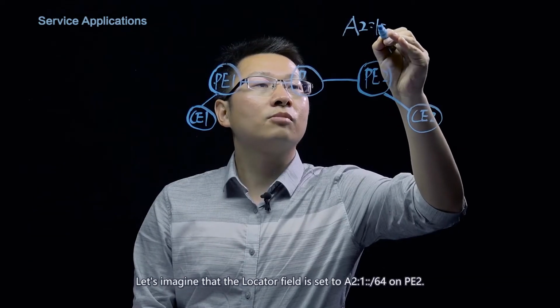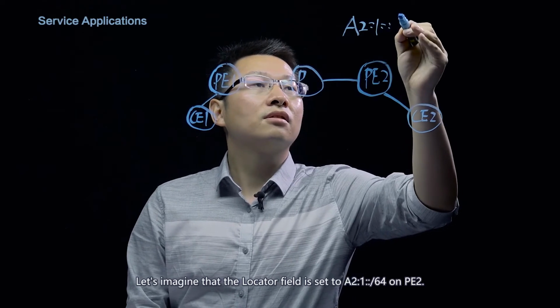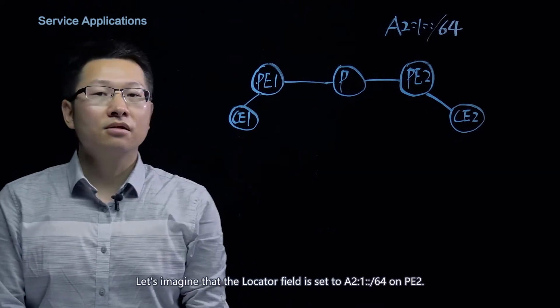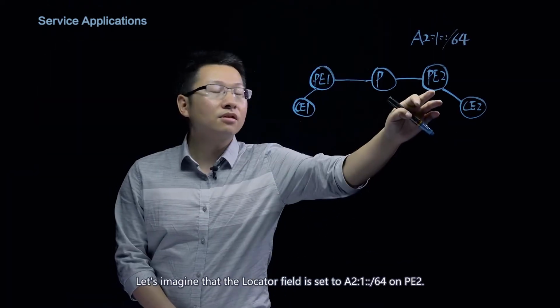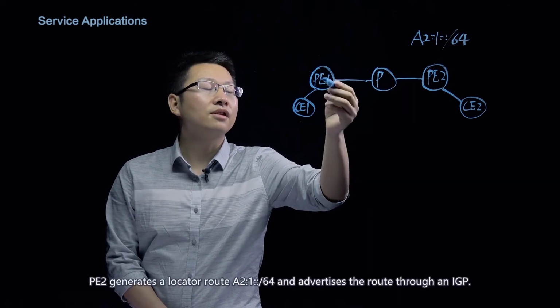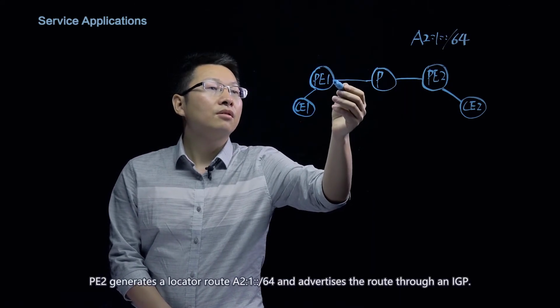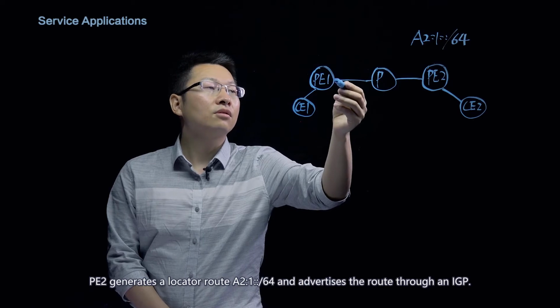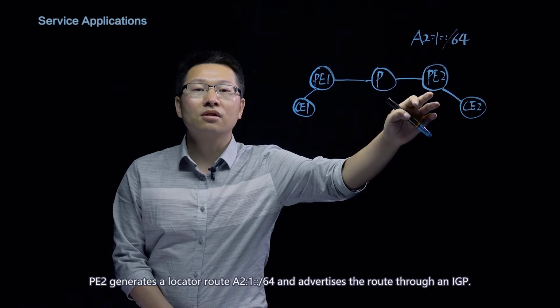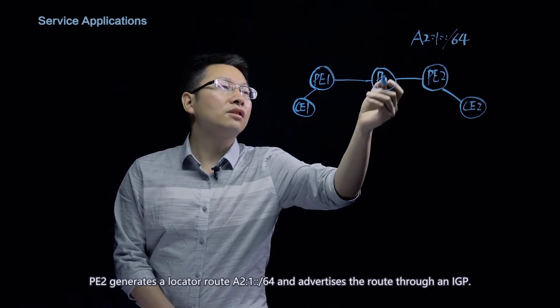Let's imagine that the locator field is set to A2:1::/64 on PE2. After this configuration, PE2 generates a locator route A2:1::/64 and advertises the route through the IGP.